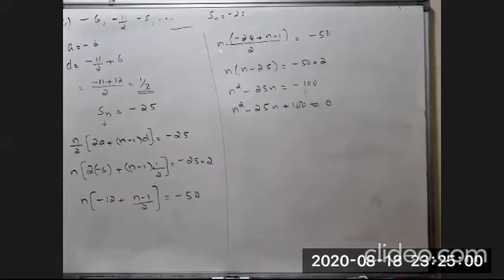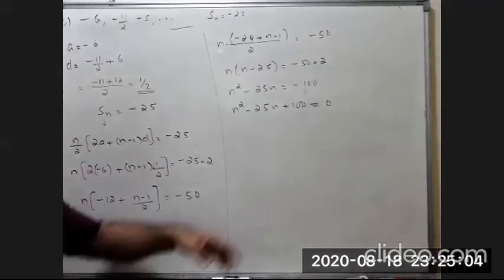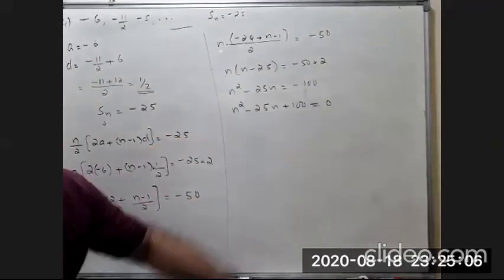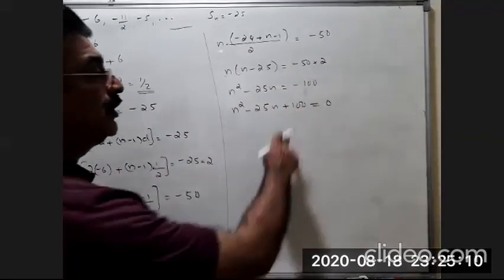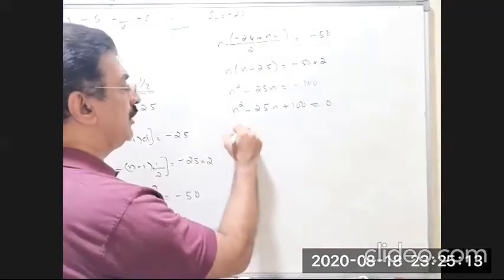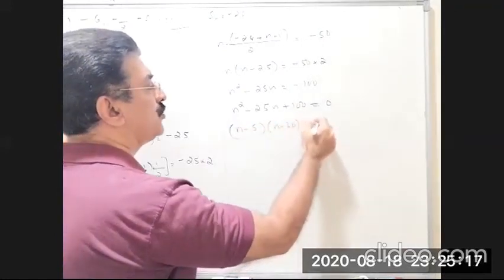For factorization, product is 100, sum is 25. So which two numbers will work? Directly we can write n minus 5, n minus 20.